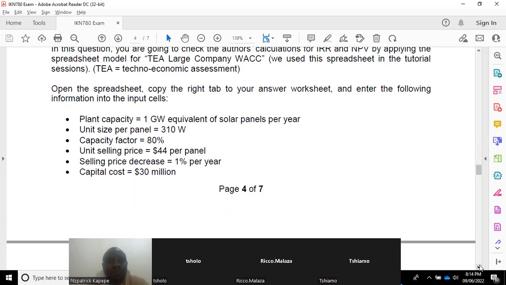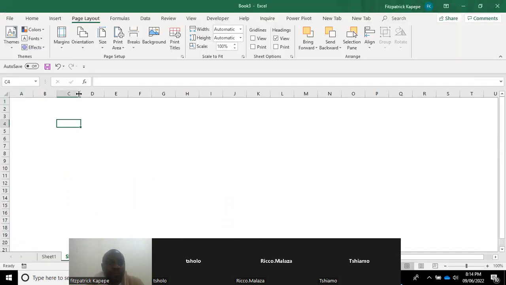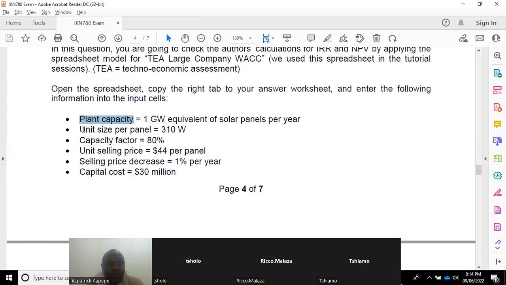Plant capacity, unit size per panel. So I'll just pick this, copy, instead of typing. But I know from your template, you have these numbers. You have these unit size per panel.